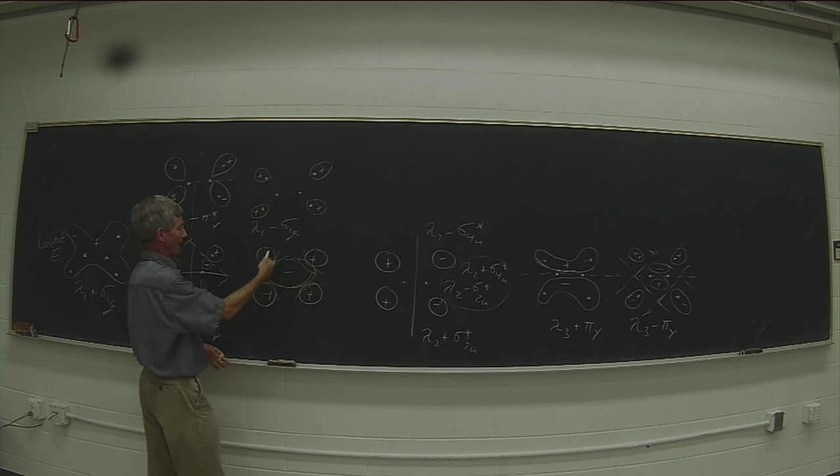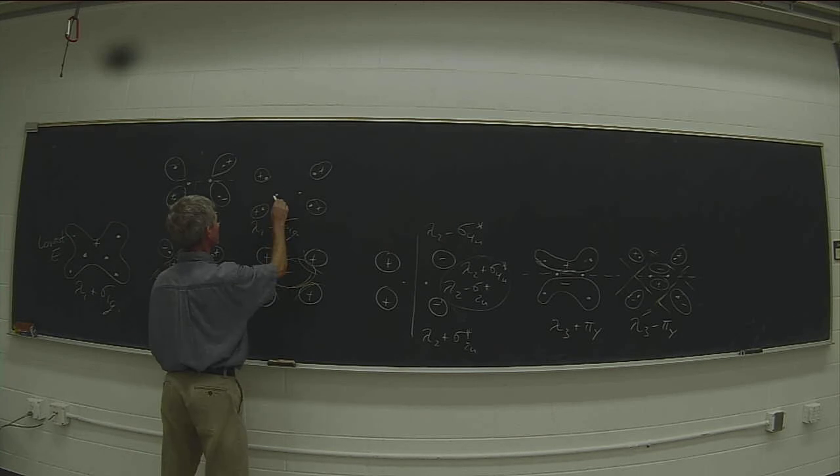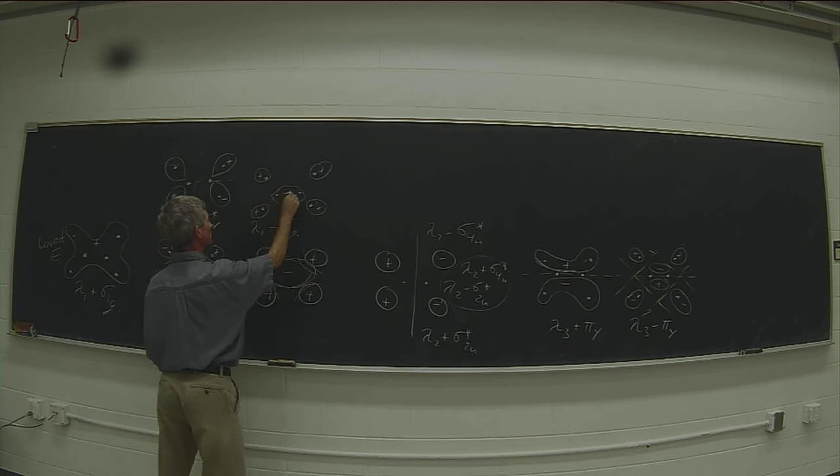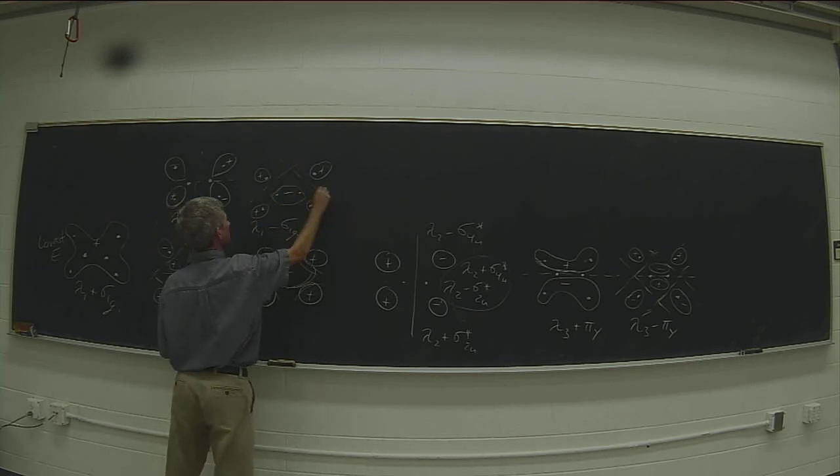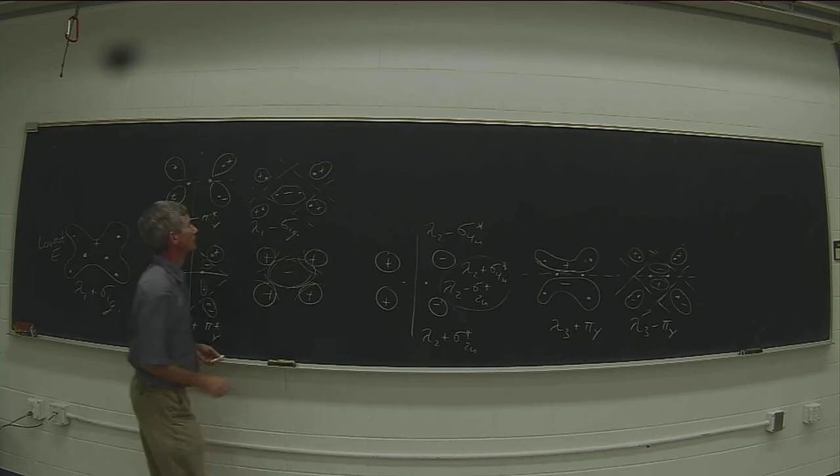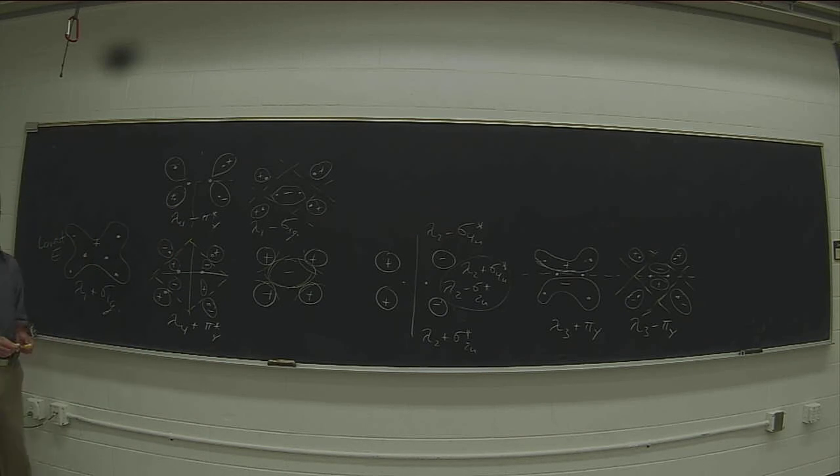And then some of that electron density for sigma 1g will have been chopped out a little bit. So we'll have an orbital that's kind of lost some of its electron density. And we have new nodes. Still bonding with respect to the carbon-carbon bond, but anti-bonding with respect to all of the others.